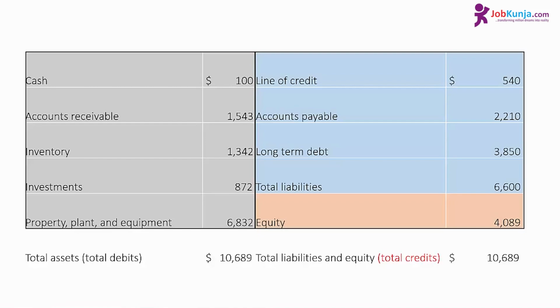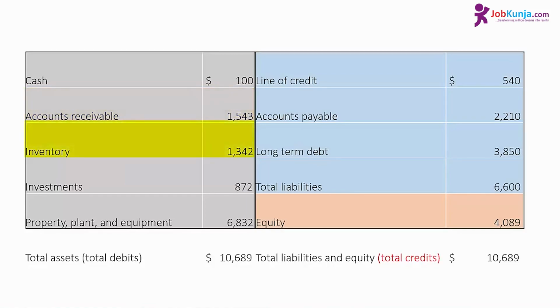Let's just put some numbers in these boxes for fun and to help you connect a conceptual model to reality. Our assets are on the left, beginning with cash of $100. Pop quiz, is this a debit or a credit amount? Yes, it's a debit amount. Assets are always debit accounts. Below that, we have accounts receivable of $1,543, which is to say that someone owes us $1,543.